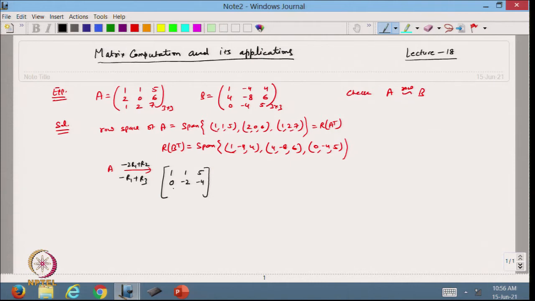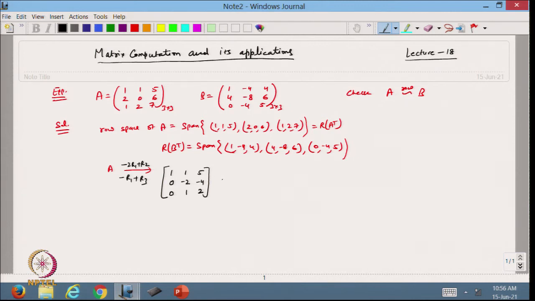From here I am just taking minus of this row and adding here. So, it will be minus 1 plus 1 is 0, then minus 1 plus 2 is 1, and minus 5 plus 7 is 2. So, you can check from here that it is coming minus 2 and minus 4, and it is 1 and 2.